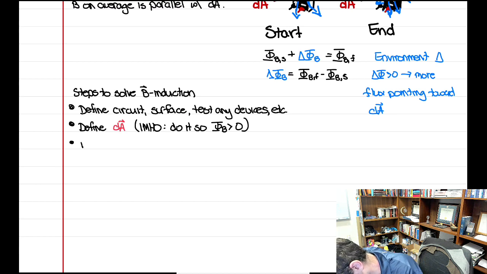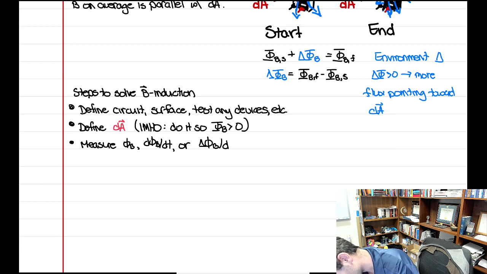So I might say measure the magnetic flux, the time derivative of the magnetic flux, or you might not be doing derivatives. Maybe you're doing some sort of average change. So that'd be some delta phi over delta t. Or it could just be that you're really just looking at delta phi.